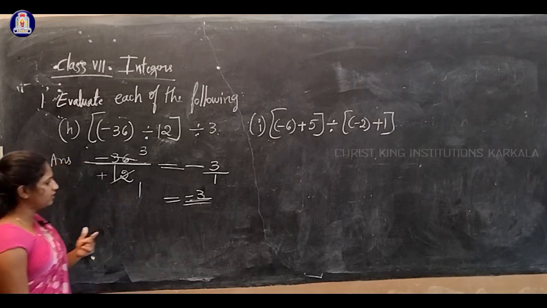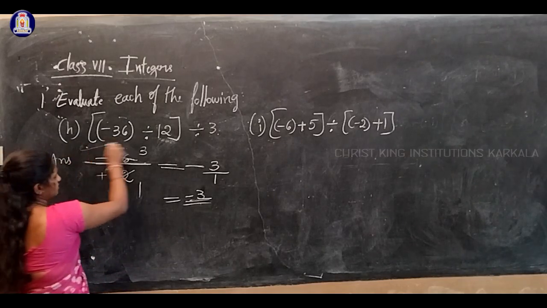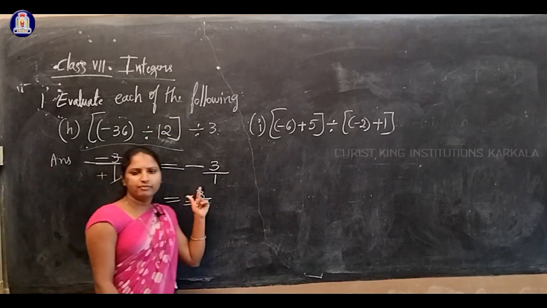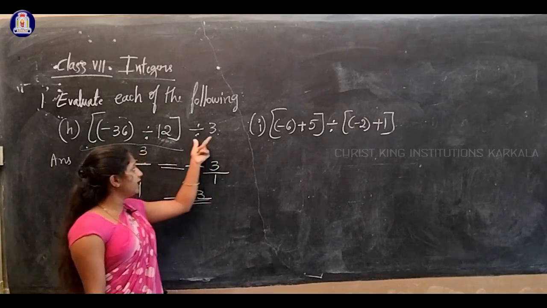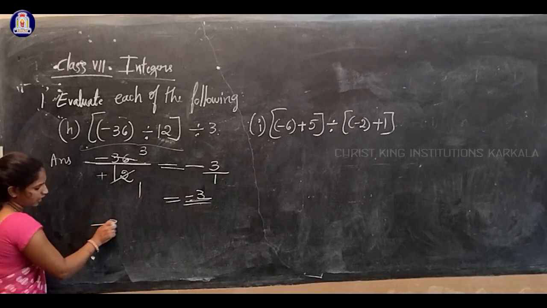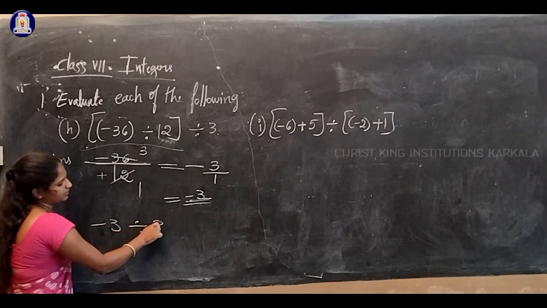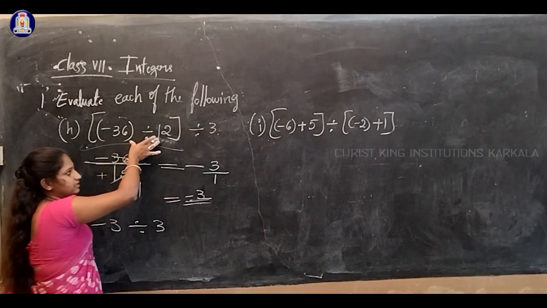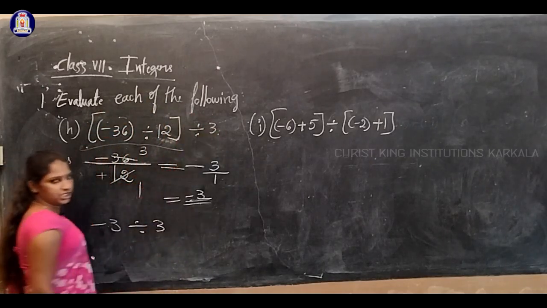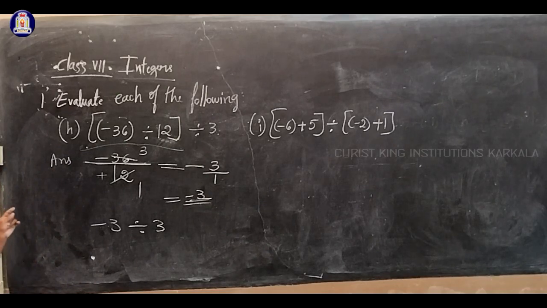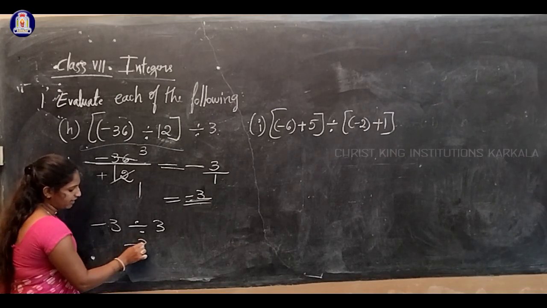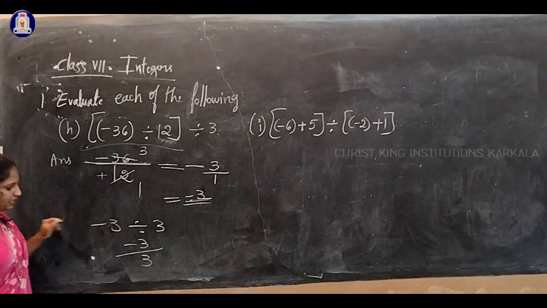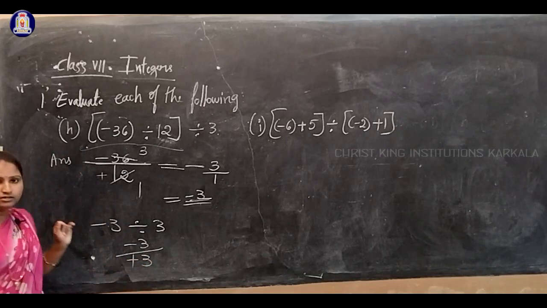Okay. So now this is the answer of this, correct? Minus 36 divided by 12 will get minus 3. So again that minus 3 you have to divide by plus 3. Here sign is not mentioned, so you write plus 3.